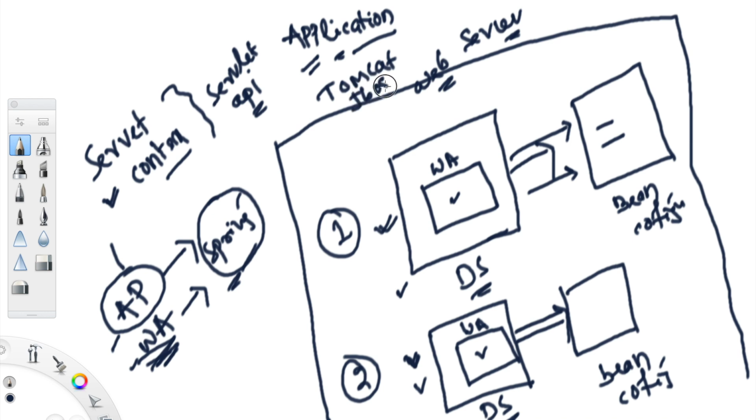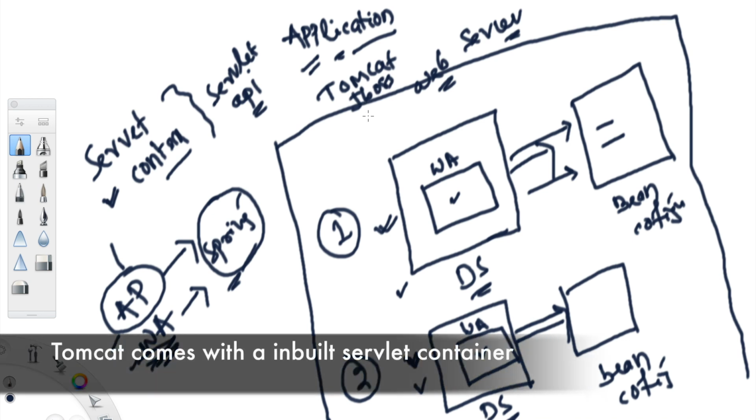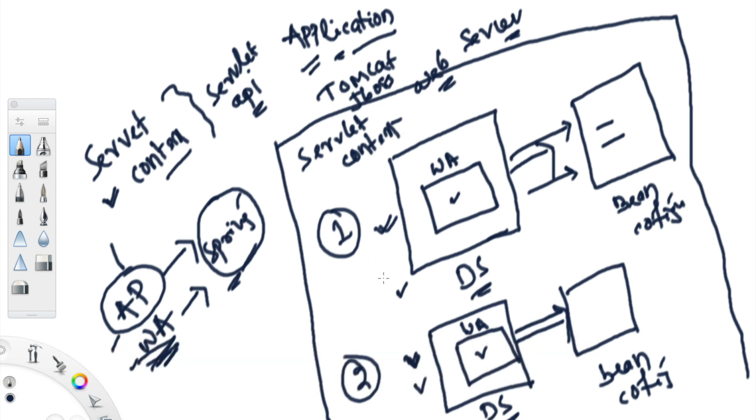These servers come with a servlet container, and these servers do have a servlet context, isn't it? The server does have a servlet context because the server does have a container, the servlet container, and the servlet container does have the servlet context. Right now, let's say we create dispatcher servlet 1, 2, 3, as many dispatcher servlets as we want to create. In the end of the day, they are registered with the servlet context, isn't it?